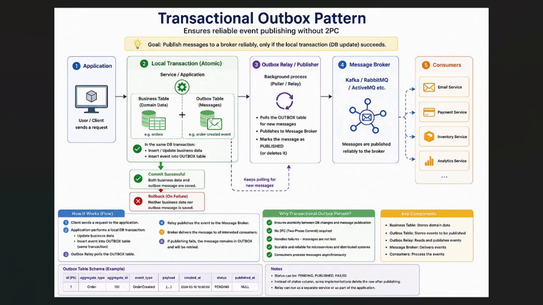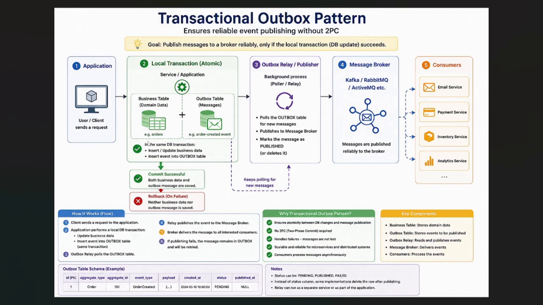Now, how do we do that? Suppose we don't have this outbox pattern, and there is directly a message broker here. I insert this data into the business table and I also put it in the message broker. Say I commit, finishing the transaction in the database, and then I call the message broker.